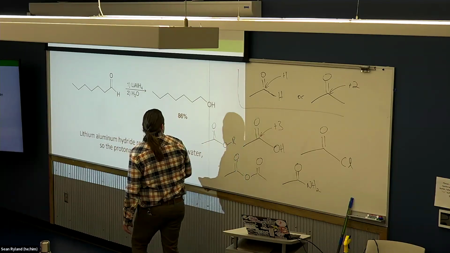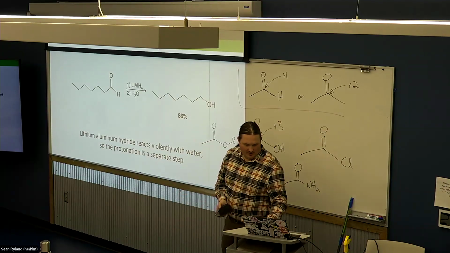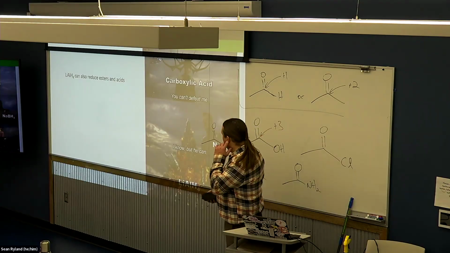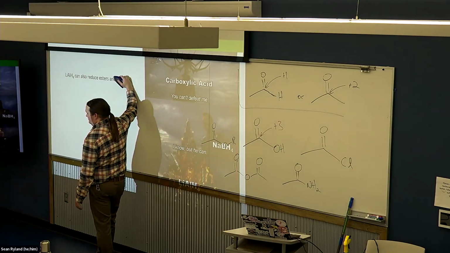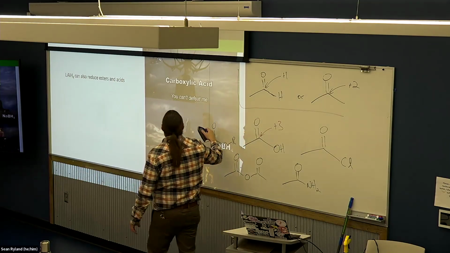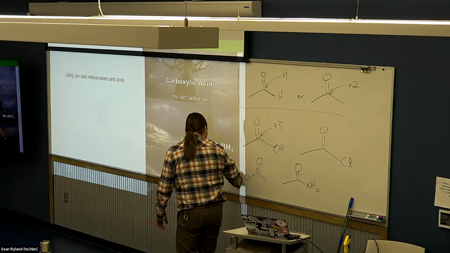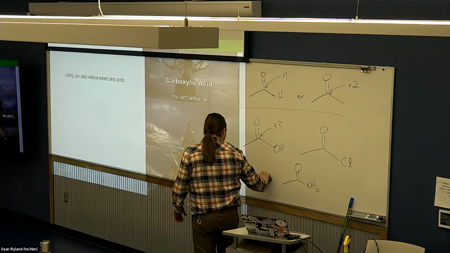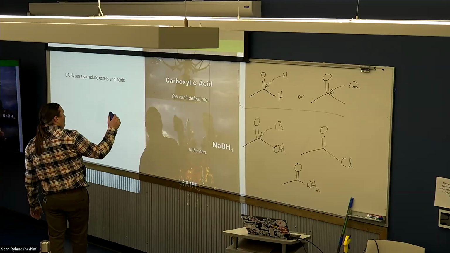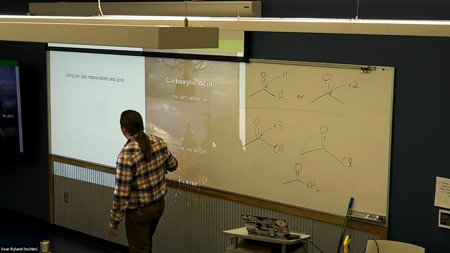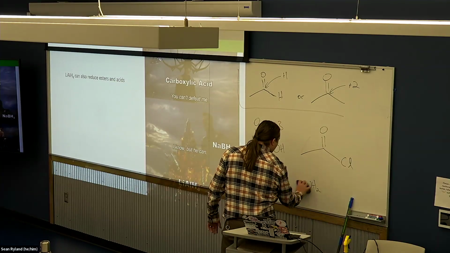So sodium borohydride can only work on aldehydes and ketones, but lithium aluminum hydride can also reduce esters and acids. It's an older meme, but it gets the point across. I believe most of the carboxylic acid derivatives work with lithium aluminum hydride, but you might need to convert them to either the acid or the ester form first.